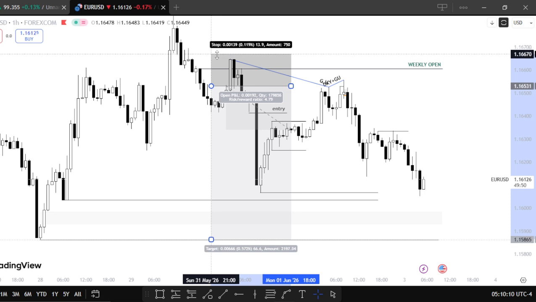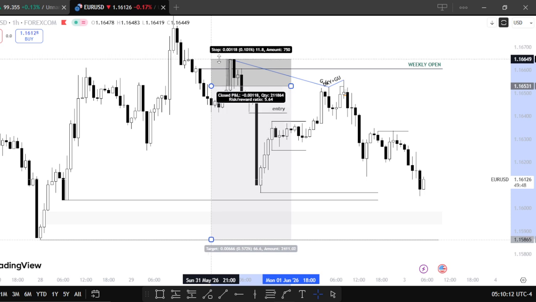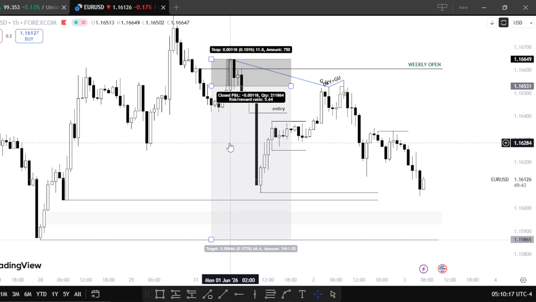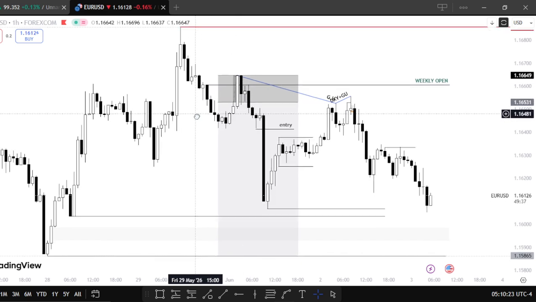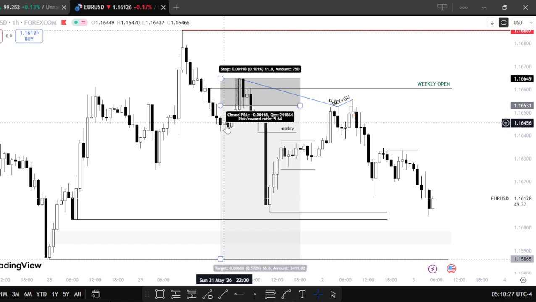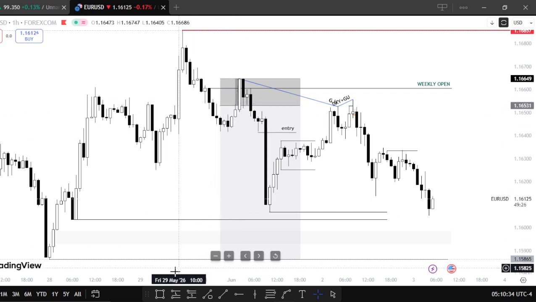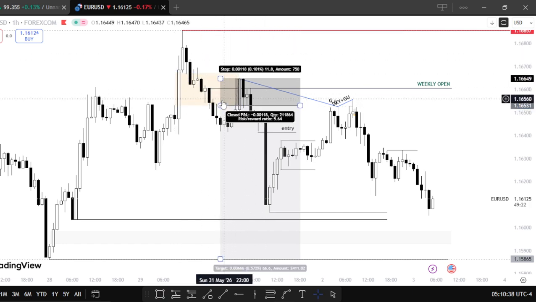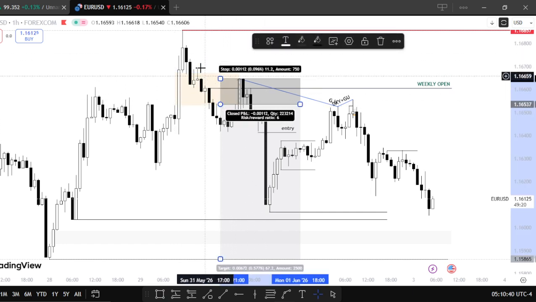So instead, I put my stop here, below the bodies, so I got stopped. And I was just sleeping because I don't treat Monday like an actual trading day. So when the market opened this low, I was saying we could have a retracement here. Let's mark it out. Retracement here, so I put my entry here.